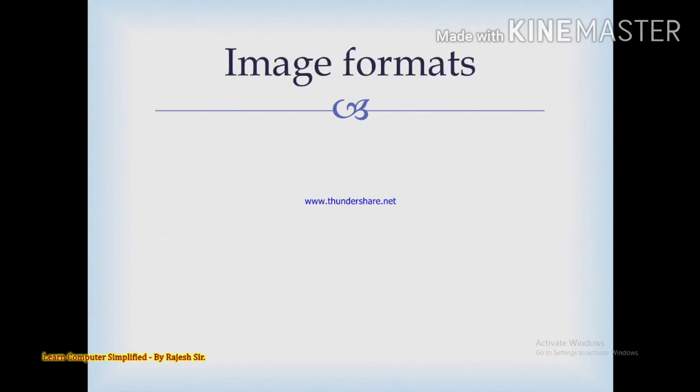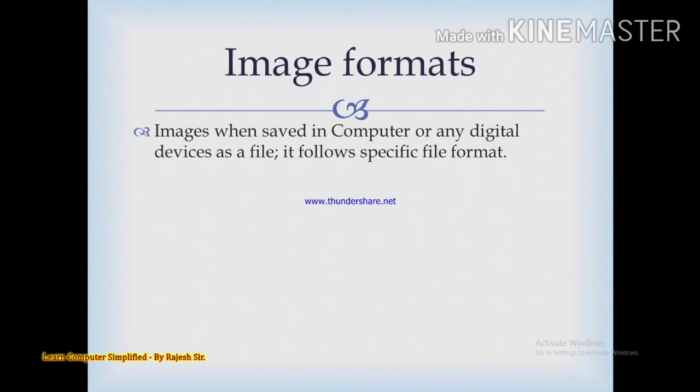Image formats. Images, when saved in a computer or any digital device like your mobile device or laptop or tablet, follow a specific file format. When an image is saved as a file, it follows a specific file format.